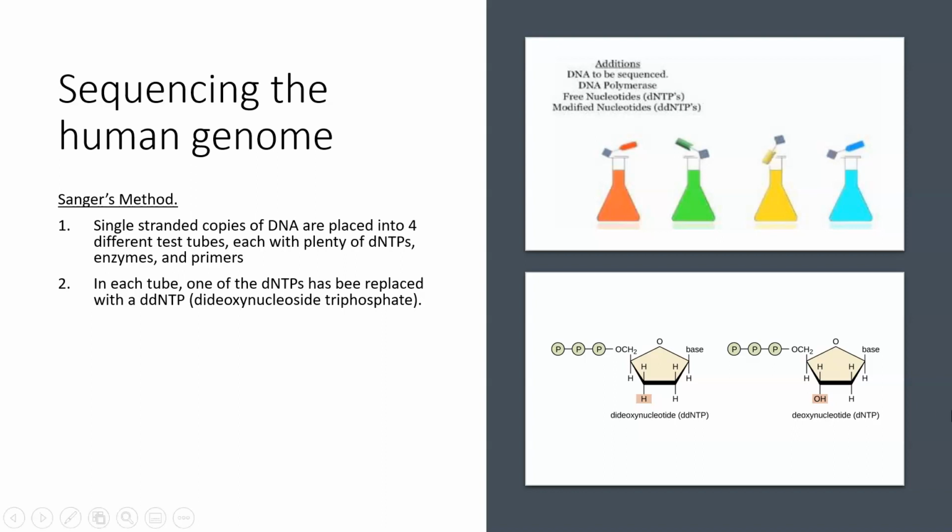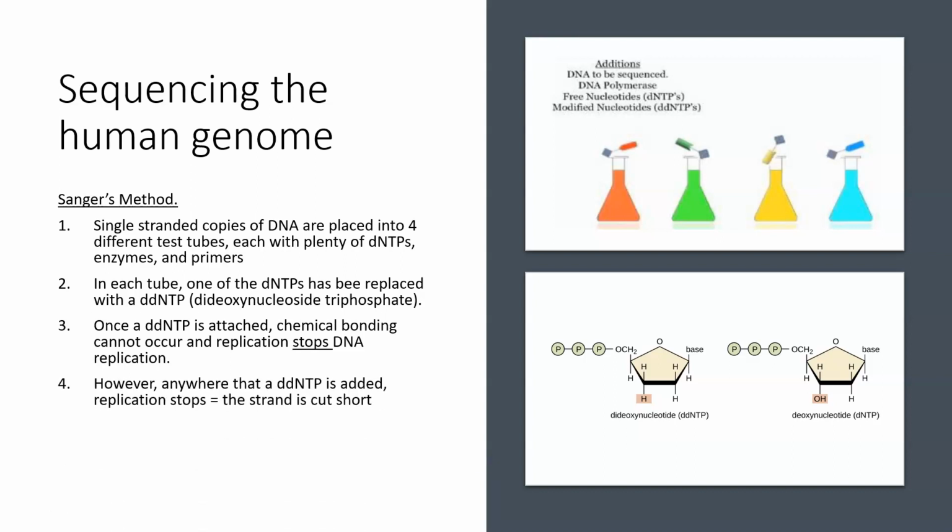Deoxynucleotide has the hydroxyl group there, whereas dideoxynucleotide just has a hydrogen. Once the ddNTP is attached, chemical bonding cannot occur and replication stops. Anywhere that a ddNTP is added, replication stops and the strand is cut short.